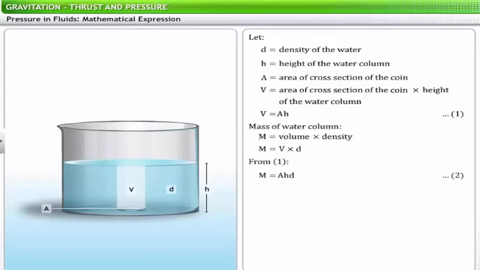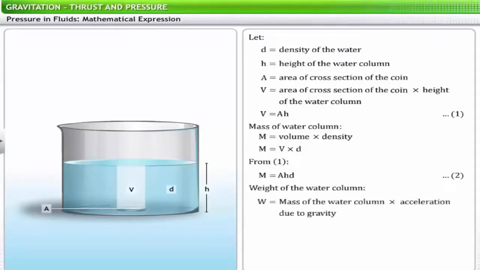That is, M is equal to the product of A, h and D. As you know, weight of a substance is a product of its mass and the acceleration due to gravity, g. Therefore, weight of the water column, W, is equal to the mass of the water column multiplied by g. Thus, W is equal to M multiplied by g. Substituting equation 2 here, you get equation 3.